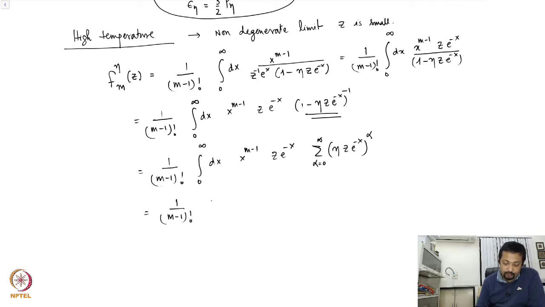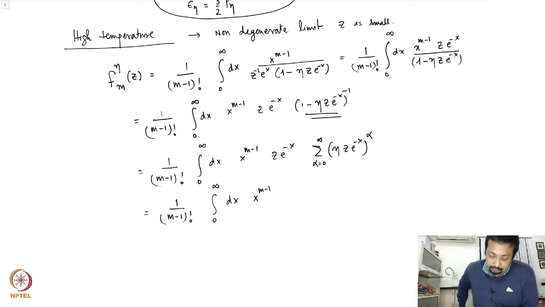1 over (m minus 1) factorial, integral from 0 to infinity dx x to the power m minus 1, I have eta to the power alpha, sum over alpha equal to 0. Okay, sorry, I cannot take it out.